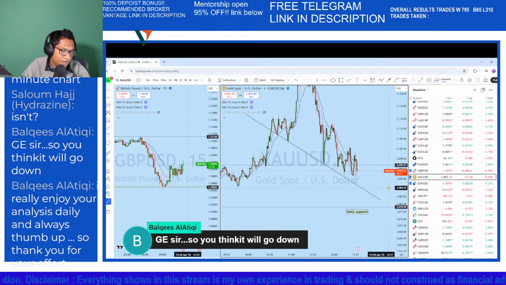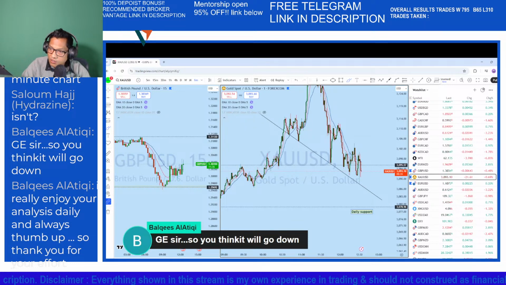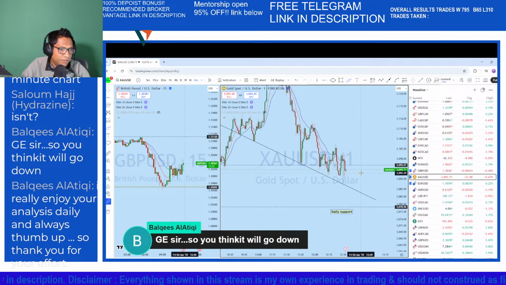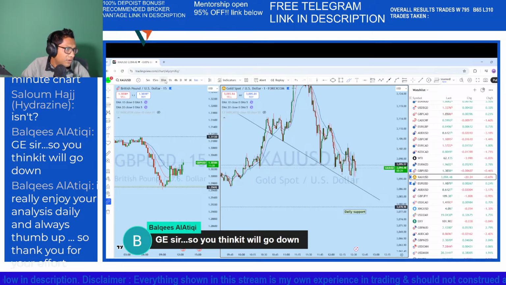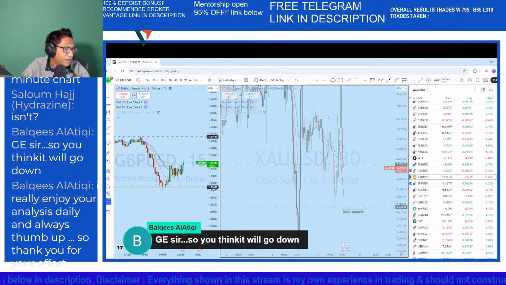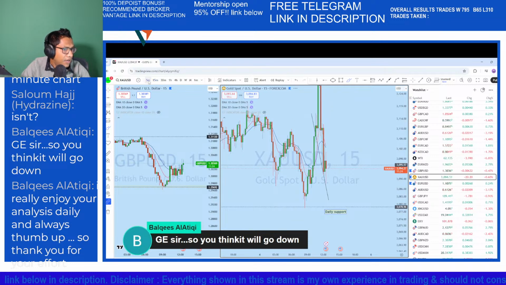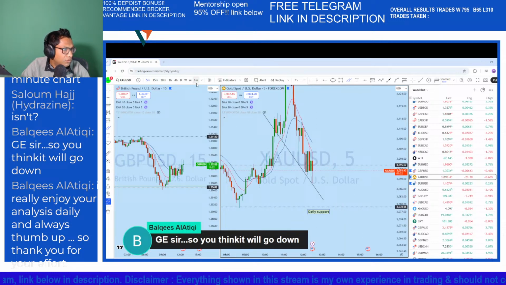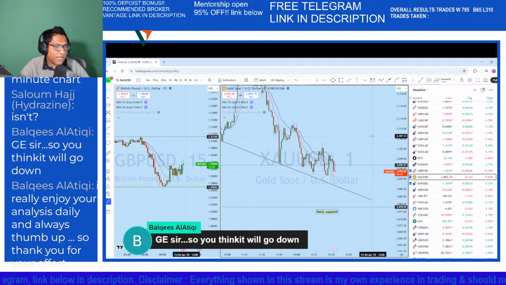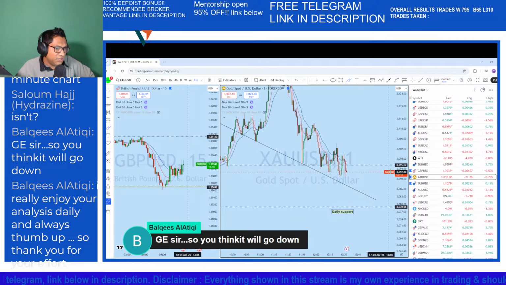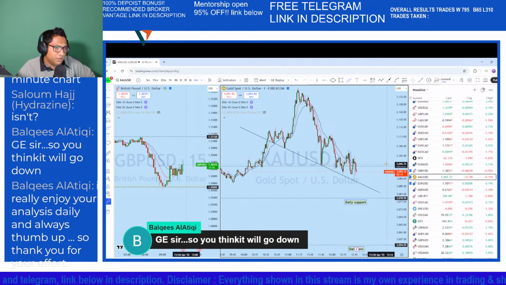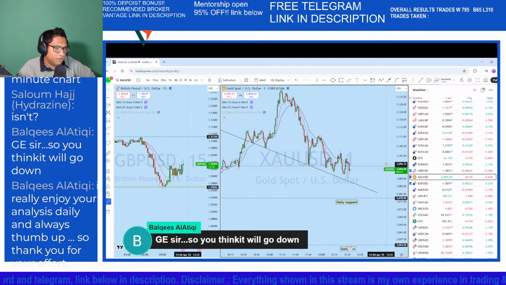The market is currently moving sideways on the lower time frame, and with this sideways movement, back to back 2 dojis here.